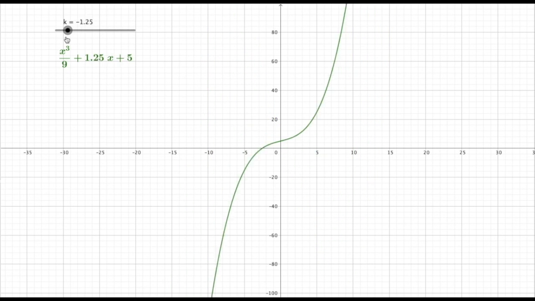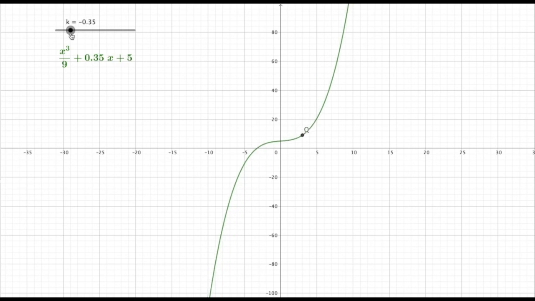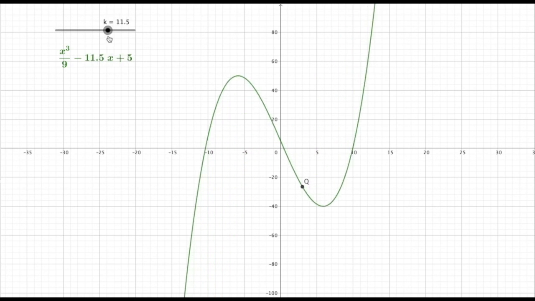You'll notice also that the axes are differently scaled. So we have a point on the curve at x equals 3, so there it is, x value of 3, and as we slide it along, that moves down.